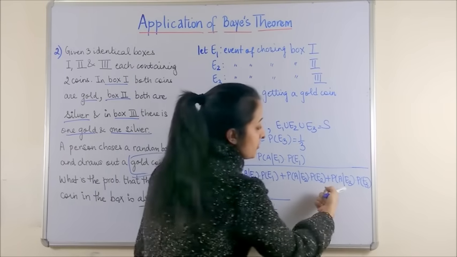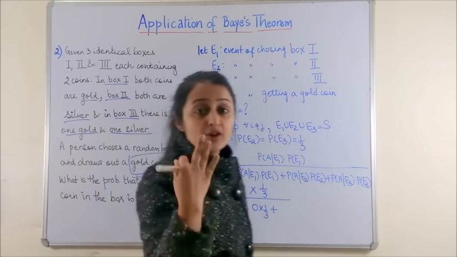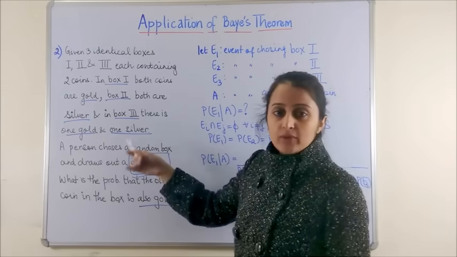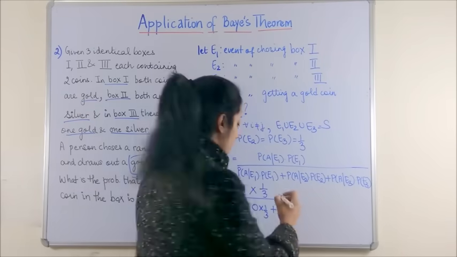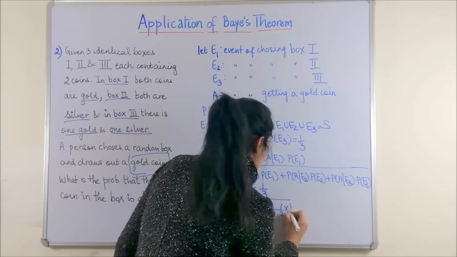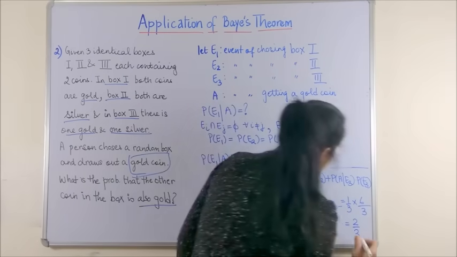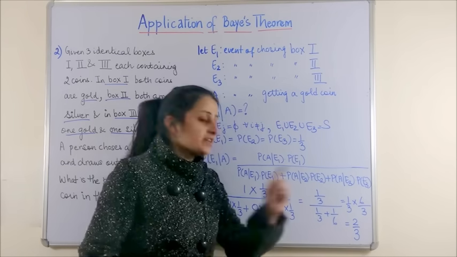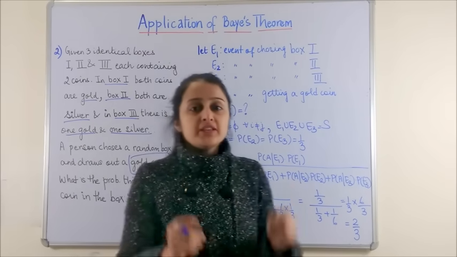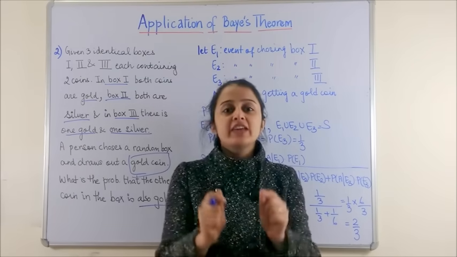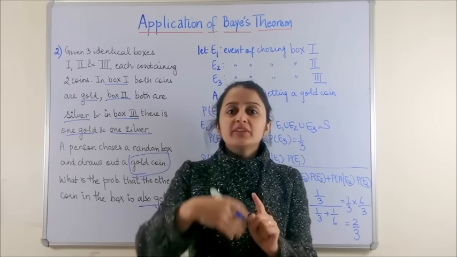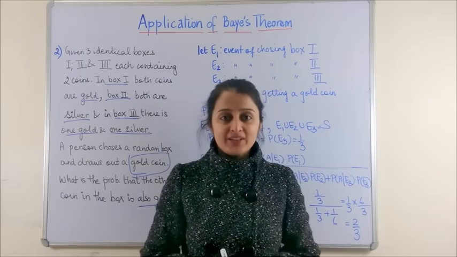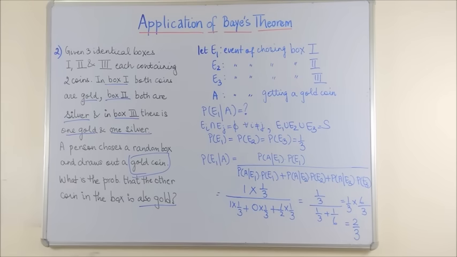And lastly, the probability of getting a gold coin from box 3, where they have equal coins, is half. On simplifying all this, you will end up getting the final probability as 2 by 3. That means the probability of getting your box 1 when the gold coin is already out is 2 by 3.